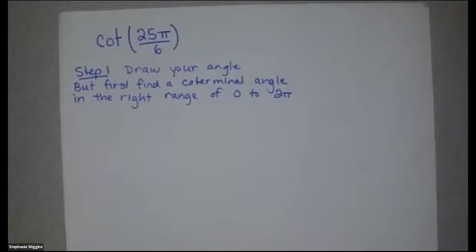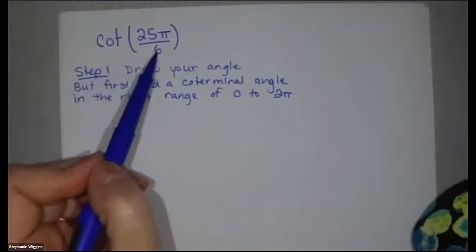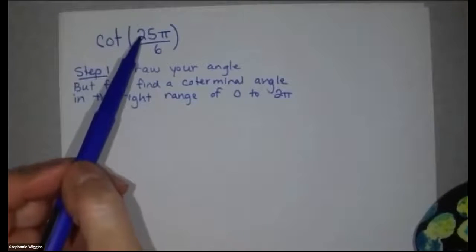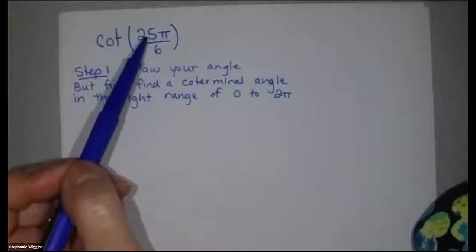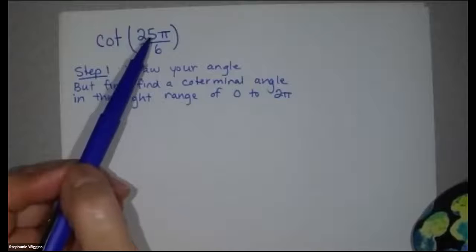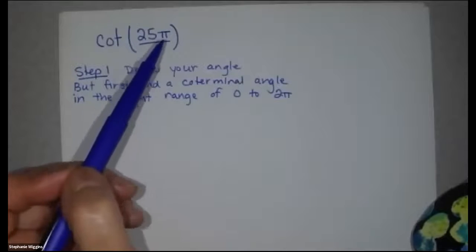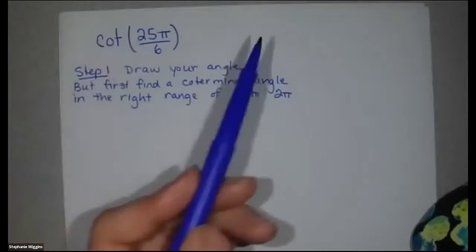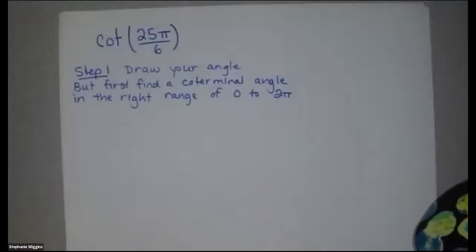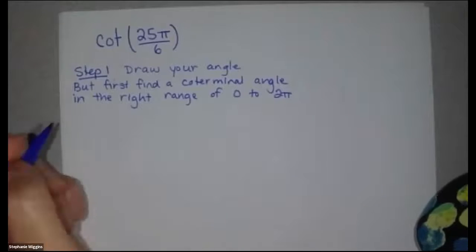So we are dividing by 6, so 6 into 25 goes 4 times, so this is like 4 pi plus pi over 6, plus another 6, okay? So we're obviously way out of the range, so I'm going to have to subtract off 2 pi until I get between 0 and 2 pi.